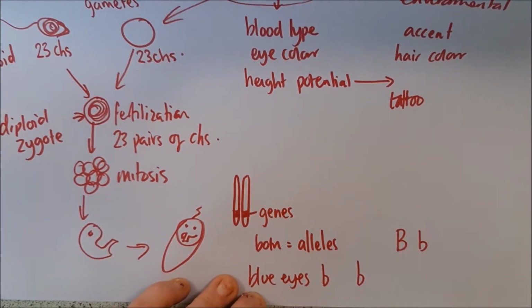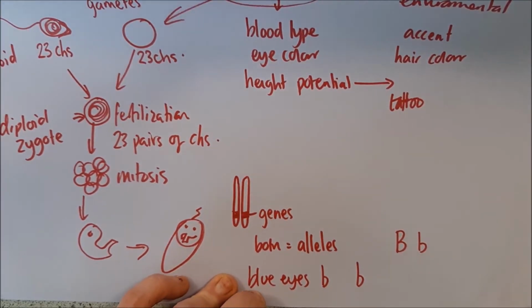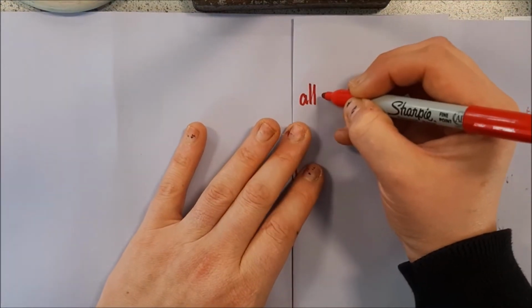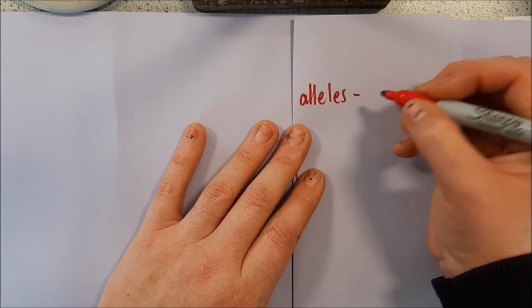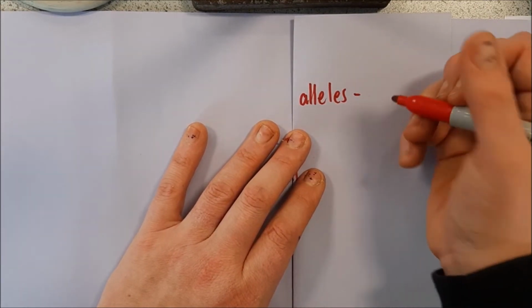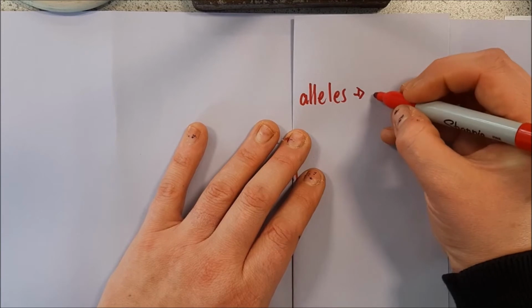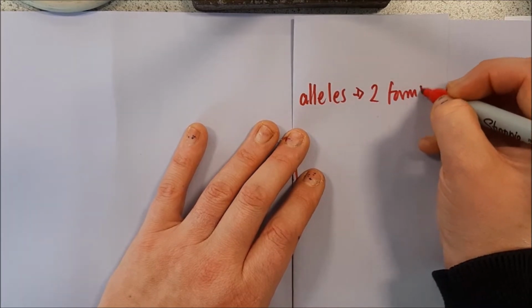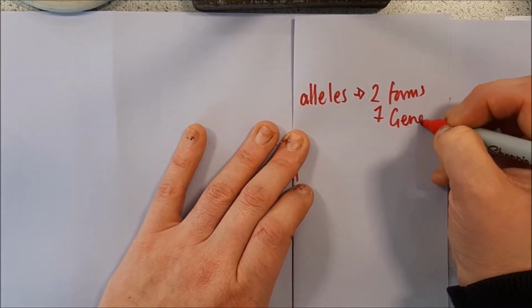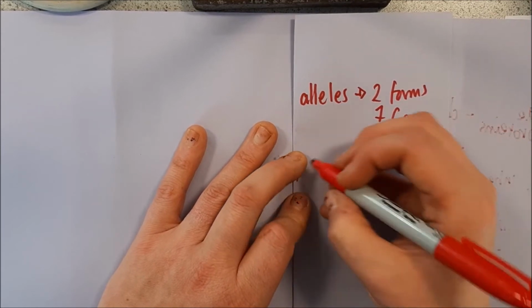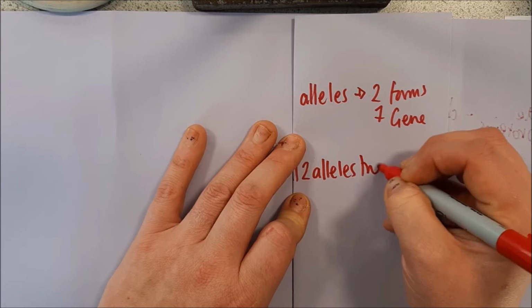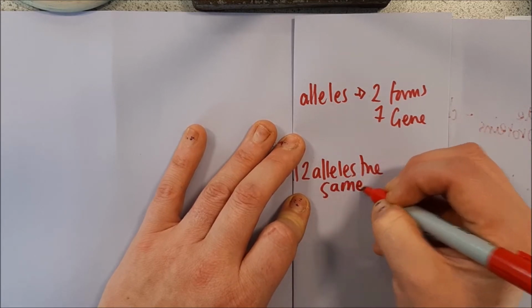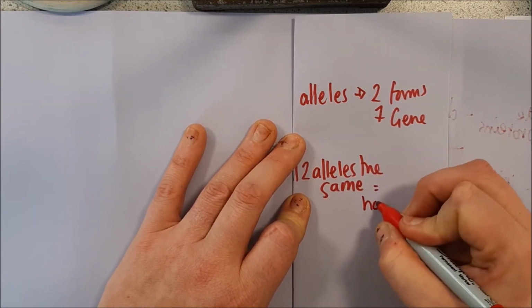There is an awful lot of vocabulary in this topic. Just going to talk through some vocabulary. So we already said that alleles are two forms of one gene, and you inherit one from mum and one from dad. Now, if you have two alleles the same, we would say that you were homozygous.